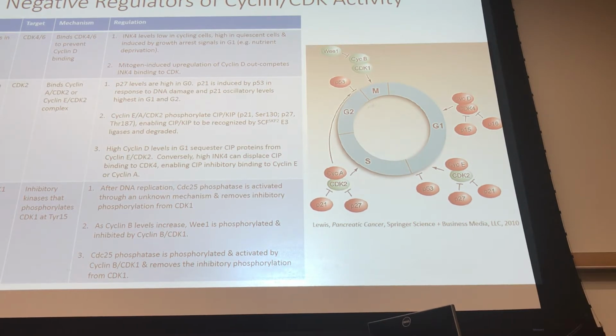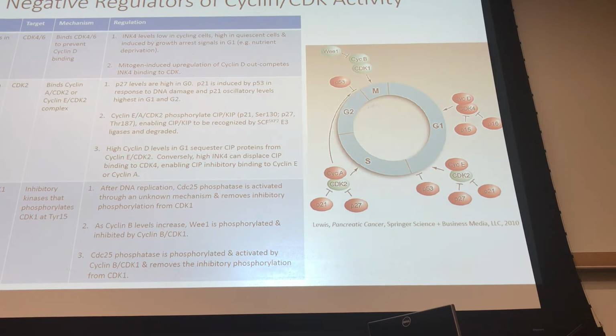Here, what I've got is P27. Its levels are high during G0 phase. And what we'll see, I think, in the next slide is that when you treat cells with mitogens, P27 levels go down. So now you don't have this P27, this inhibitor, blocking CDK2, being able to block that kinase.